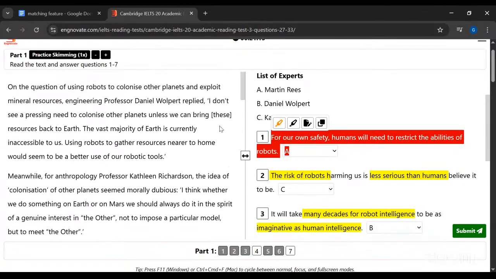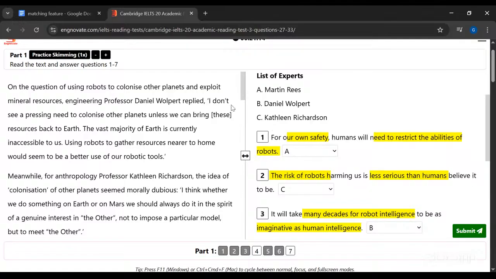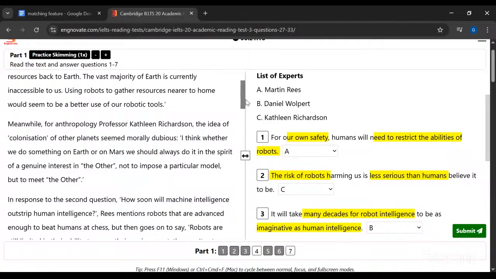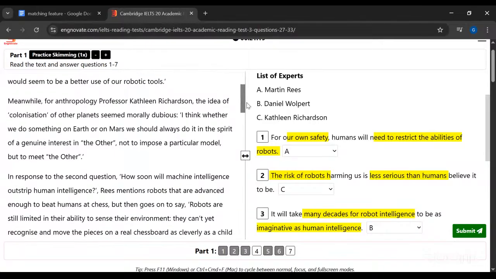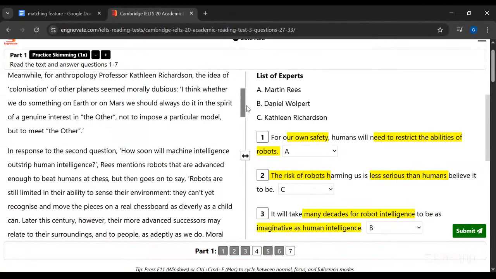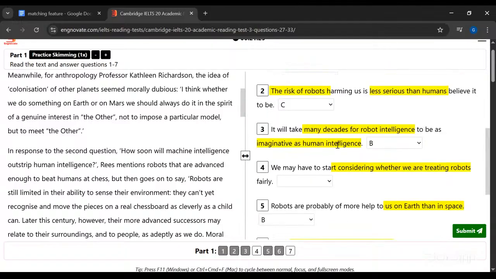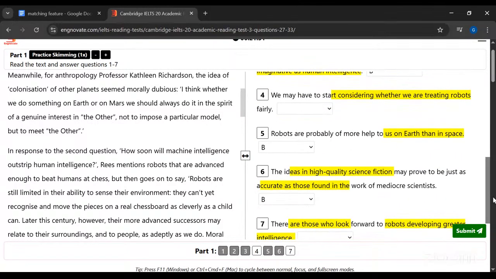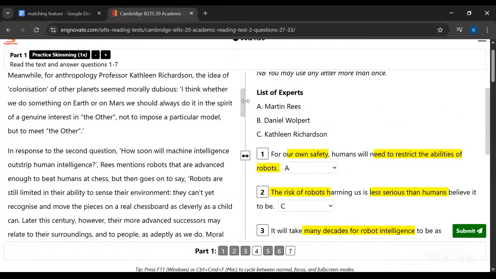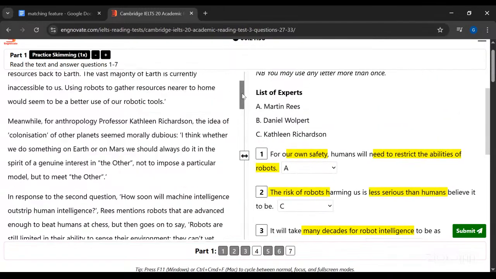Okay, so let's check. हमने अभी तक 2, 3 and 5 we had solved. Yeah. Two, three, and five.